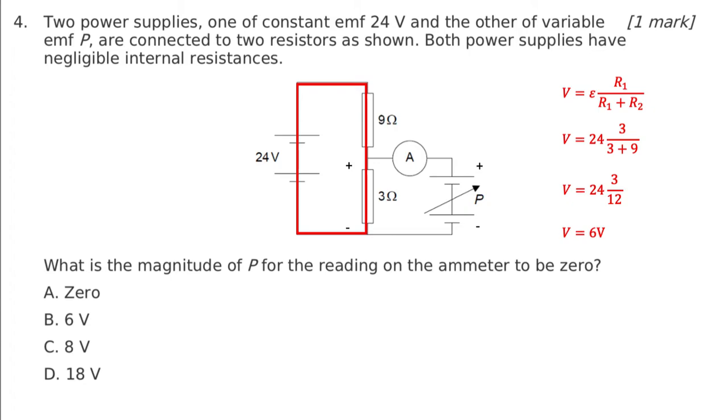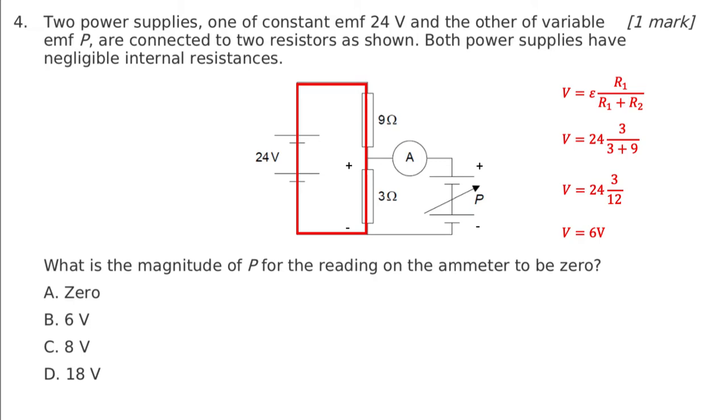Okay, now you can see that that is one of our answers there. In fact, it is the answer here, B, but why? We notice here we've got 2 positive terminals connected to one another. This is just the same as if we had 2 batteries connected in opposition to one another. The current will only be 0 if the 2 batteries have the same EMF.